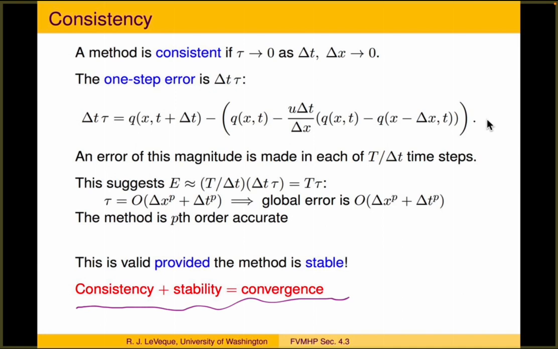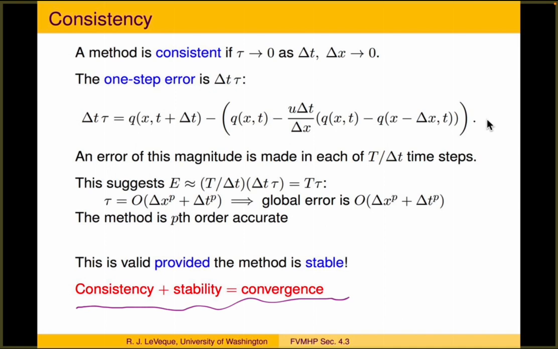Typically, you need both consistency, so that locally you're approximating the differential equation well, and stability, which says that you can take many steps and let the number of steps go to infinity as we refine the grid, and you still have reasonable behavior. If you have both of those properties, then you can show that the method converges to the right solution at a fixed time as you refine the grid.